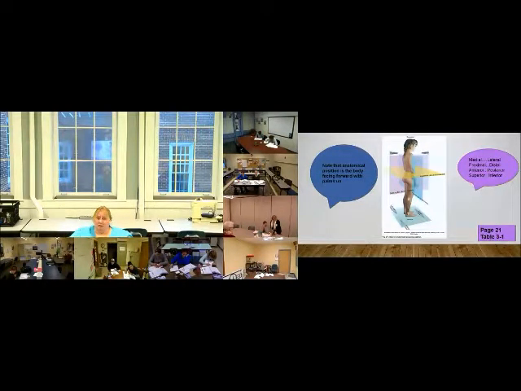Lateral, far away from the midline of the body. Proximal, close to a point. So if I say that my point is here, I can say that my elbow is proximal to my hand. It's near to. And then distal would be my wrist. My wrist is distal to where my hand is, so that's further away.